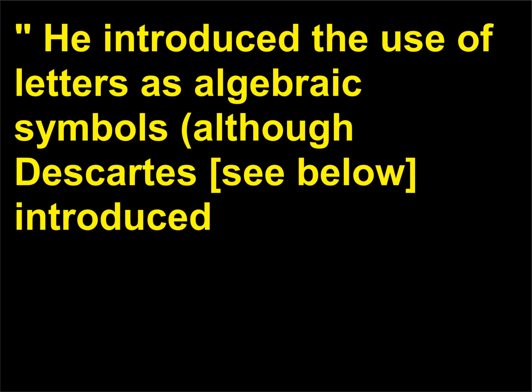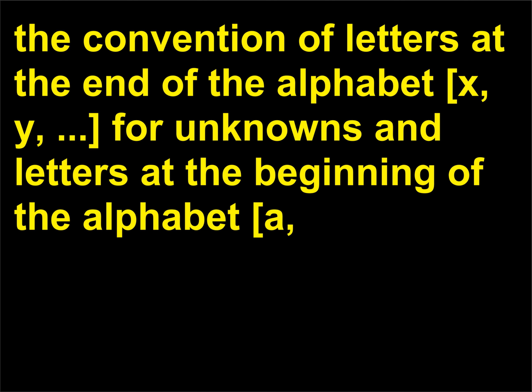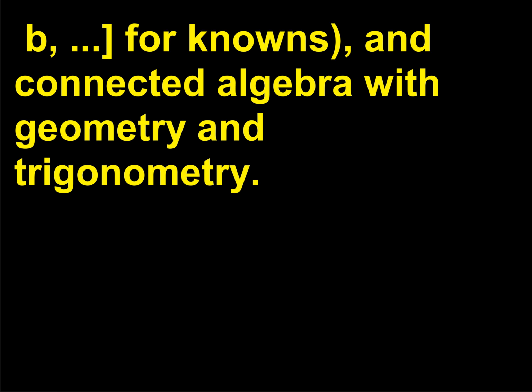He introduced the use of letters as algebraic symbols, although Descartes, see below, introduced the convention of letters at the end of the alphabet, x, y, for unknowns and letters at the beginning of the alphabet, a, b, for knowns, and connected algebra with geometry and trigonometry.